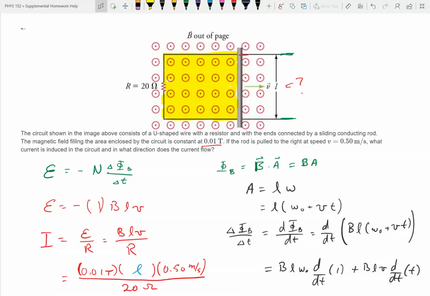Second part, what's the direction of the current? Okay, so the velocity, which is these fingers, no? My thumb is what I want. Go to Lenz's law.